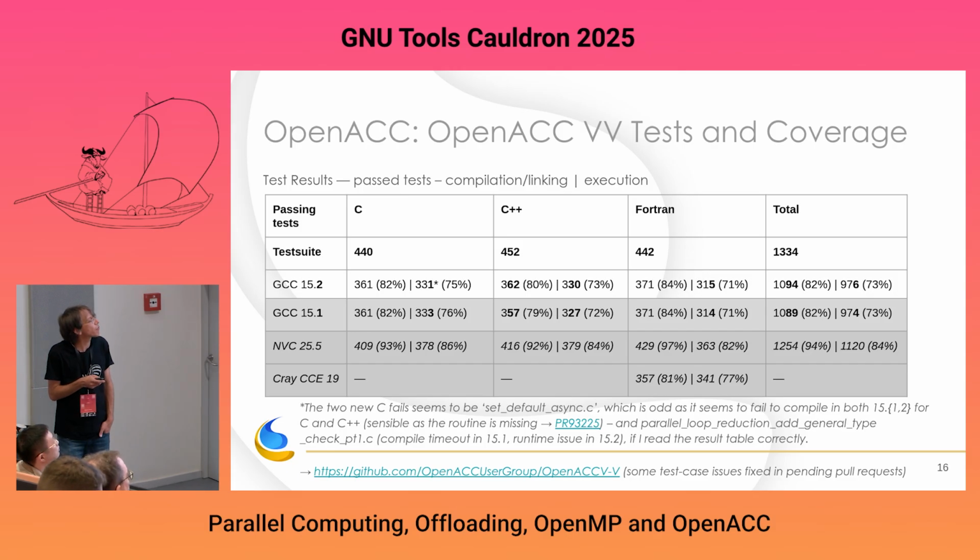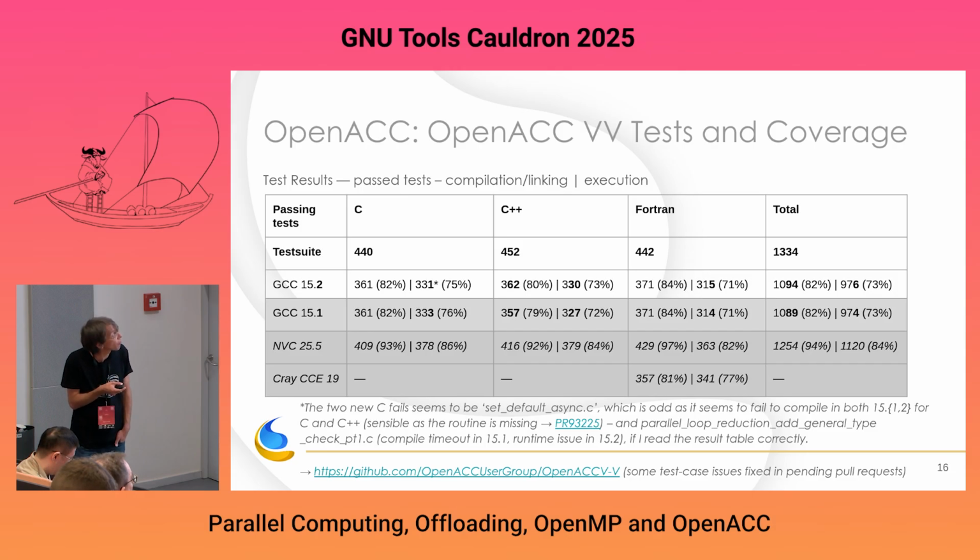So one sees none of the compilers really gets everything right, especially the runtime. Partially compiler problems, partially test suite problems, and I think especially on the compiler side, it's somewhat decent, also compared with the Cray compiler, but there's obviously room for improvement.